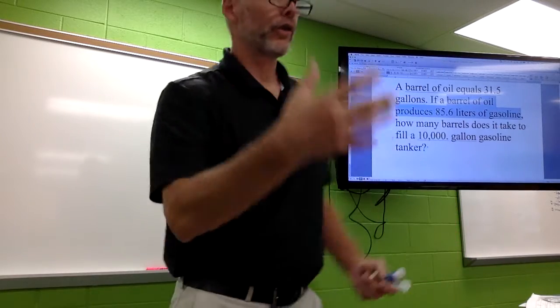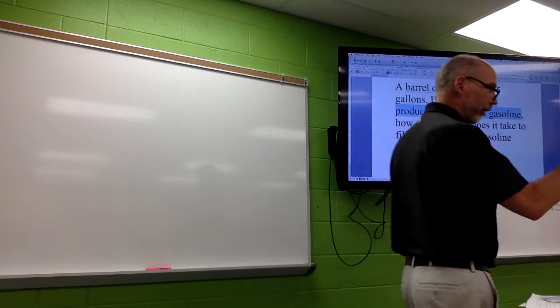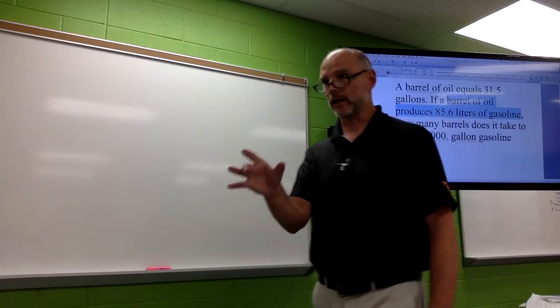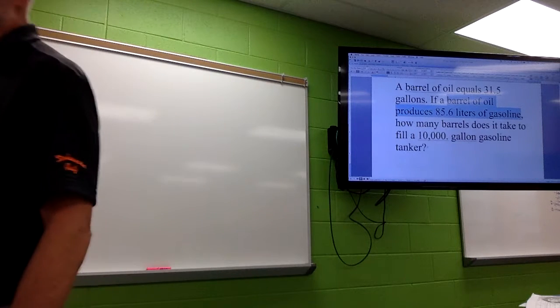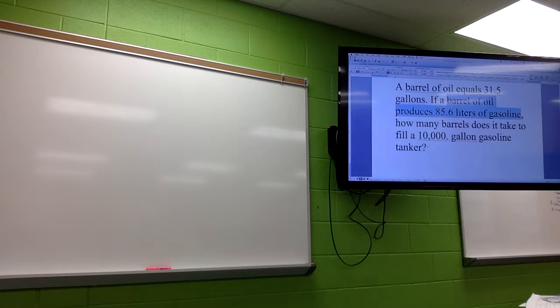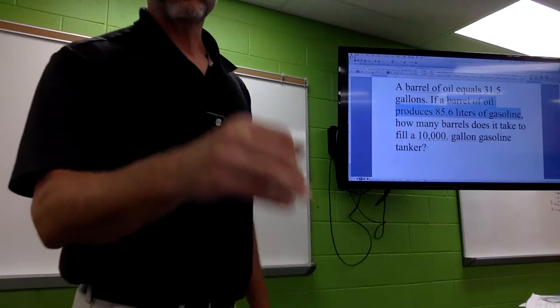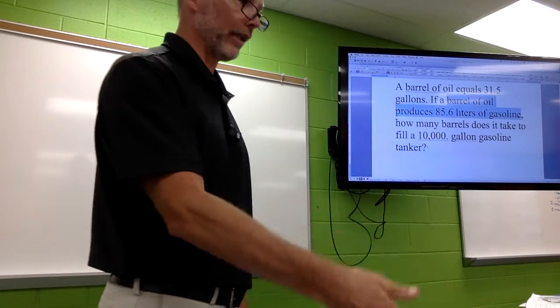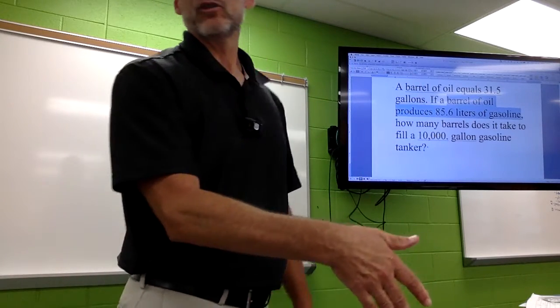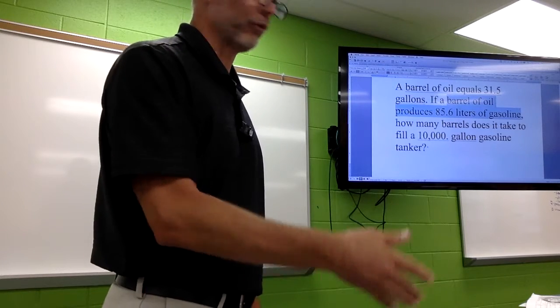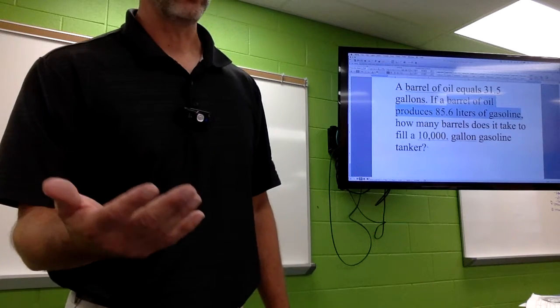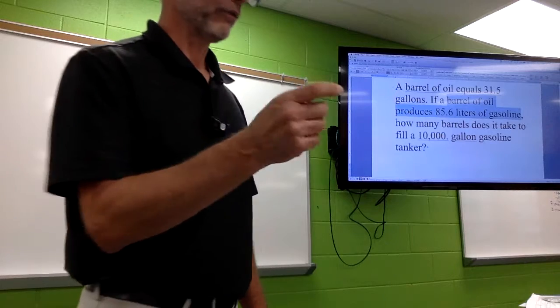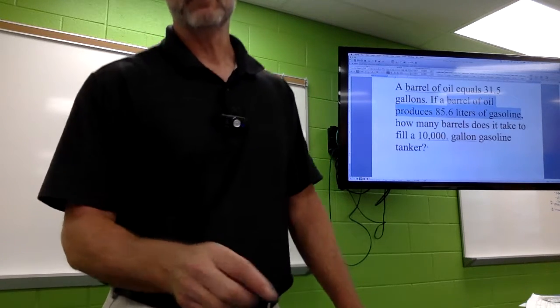And we now are discovering that not only do all of our values need a unit, but almost always need a label. Label and unit aren't the same thing. In this case, 85.6 is the value, liters is the unit, gasoline is the label. Because we can have liters of anything, couldn't we? So we have to indicate which one we're talking about.